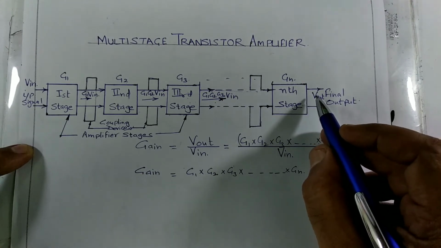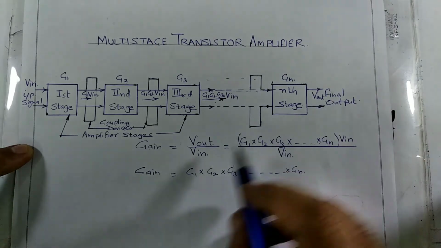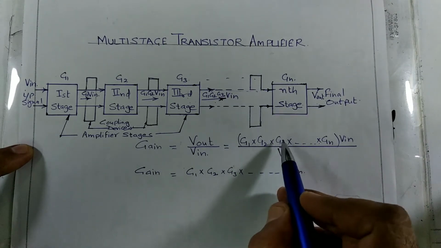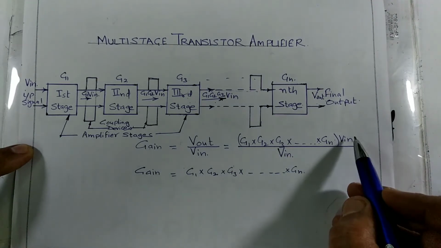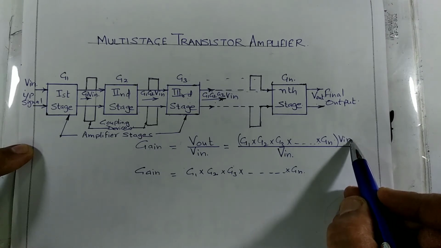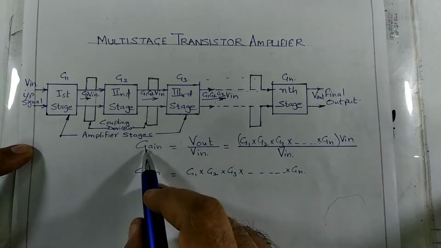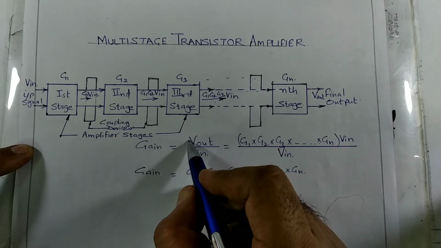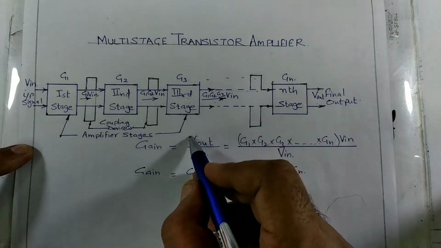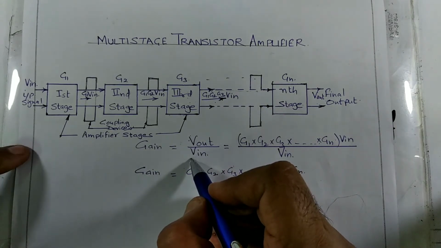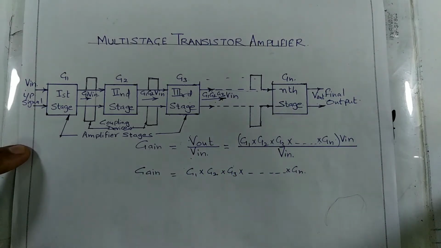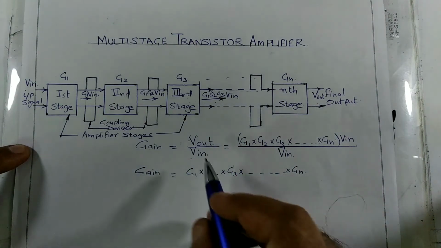Now, you know what the Vout will be? That will be equal to G1 G2 G3 up to Gn multiplied by Vin. Okay, so the gain, we know, is the ratio of output to input, so output voltage divided by input voltage. Although gain has no unit, it is just a number.